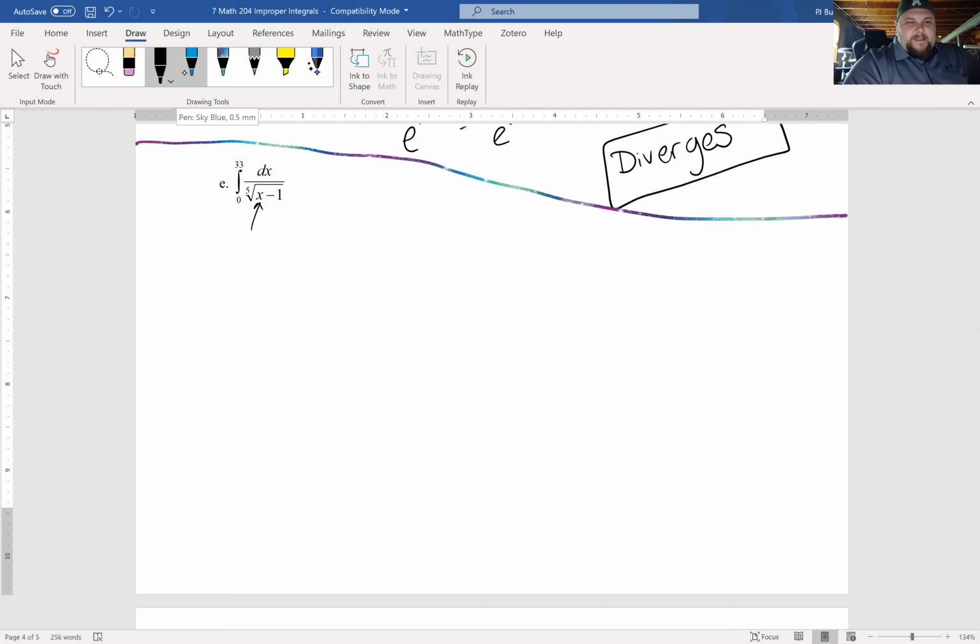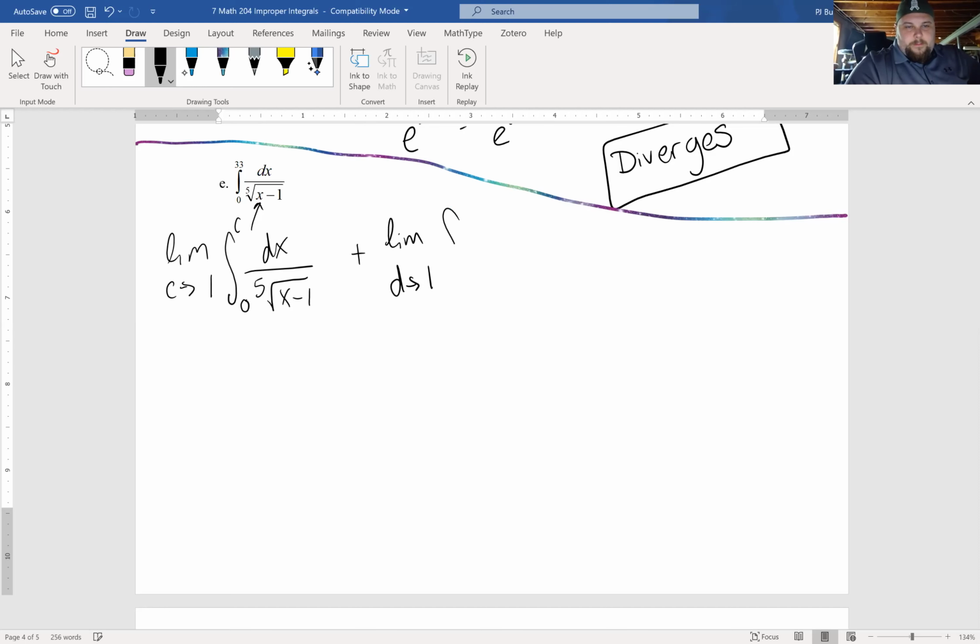So I need to rewrite the integral as the limit as c approaches 1. And I have an integral from 0 to c. And then I need to write another one starting with d at 1 up to 33. So I'm going 0 to 1 and then 1 to 33 basically.